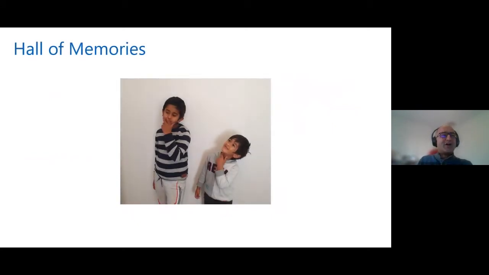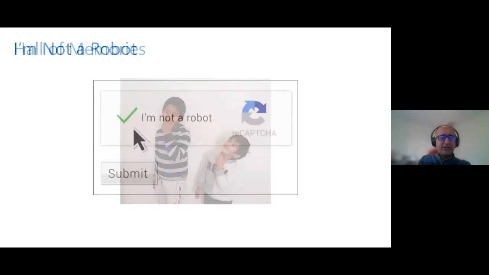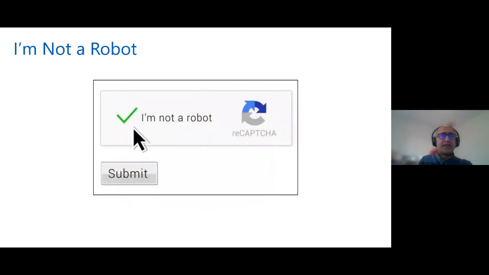All of us have some sort of memory references about bots. Just on the lighter side, these memory references may not be very pleasing though, especially if we have to prove again and again, I am not a robot.